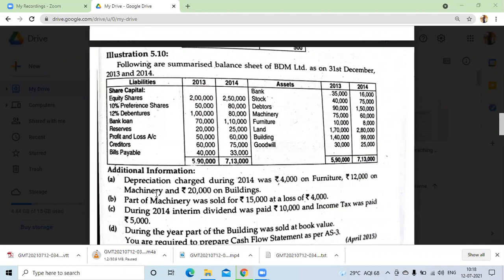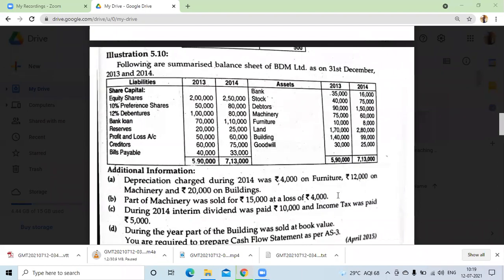Next, again machinery. That means on the item of machinery, you have 2 adjustments, first and second, as of now. So part of machinery was sold for rupees 15,000 at a loss of rupees 4,000. So this is the adjustment which belongs to machinery.